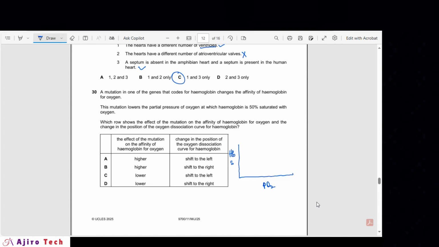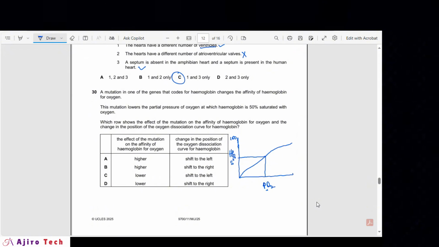Now this mutation lowers the partial pressure of oxygen at which hemoglobin is 50% saturated. So let's say we had this as a normal curve. This is 100, this is 50. So at 50% saturation here, we have a particular partial pressure of oxygen.